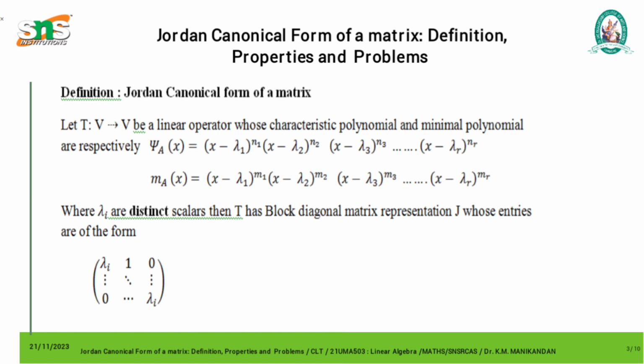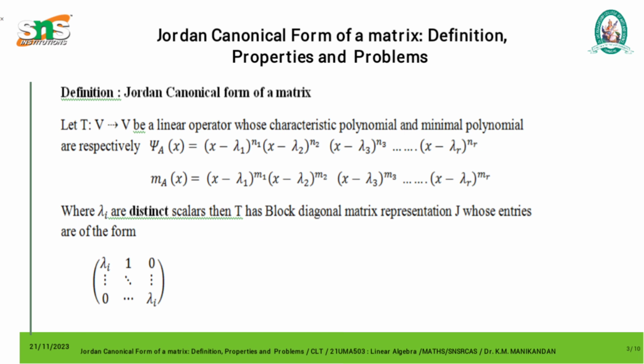Similarly, here m A of x represents the minimal polynomial, given by (x minus lambda 1) power m1, (x minus lambda 2) power m2, etc., (x minus lambda r) power mr. Here m1, m2, m3, mr are called the indices of the minimal polynomial m A of x, and n1, n2, n3, nr are called the indices of the characteristic polynomial chi A of x.